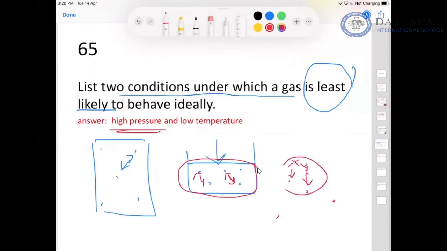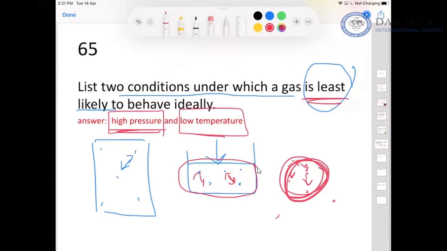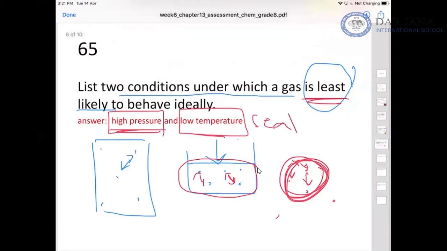I will have more attraction among them, and since I should consider the intermolecular forces, it means the gas is more real and less ideal. So the conditions at which the gas is the least ideal would be high pressure and low temperature. Under high pressure and low temperature, the gas is a real gas.